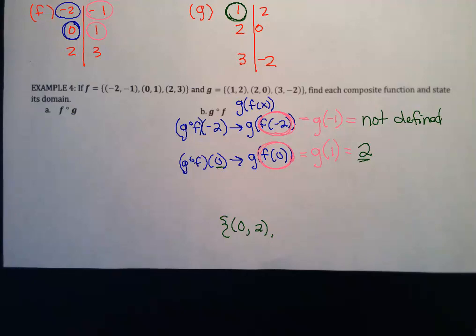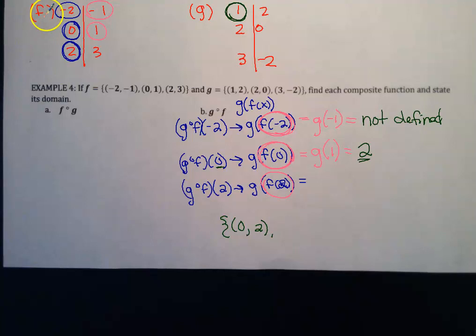All right, let's do the last one. So I need to do g of f of, what's my last x value? 2. All right, which I can rewrite as g of f of 2. Again, I'm going to look at my f function when my x value is 2.